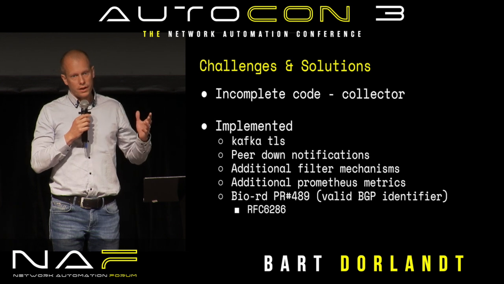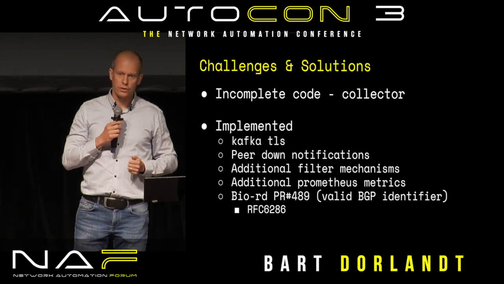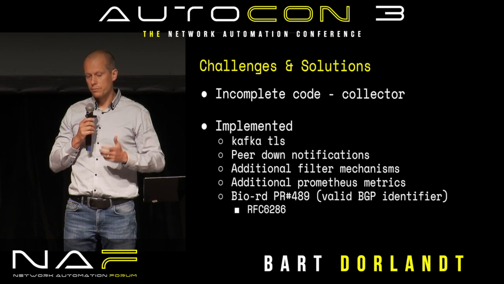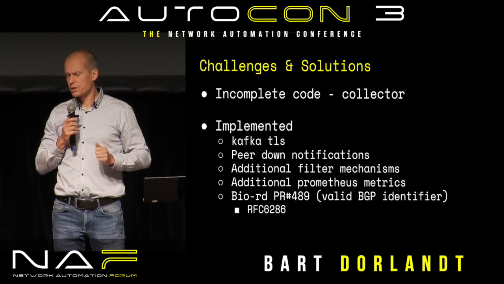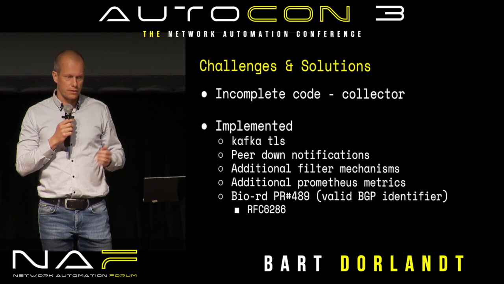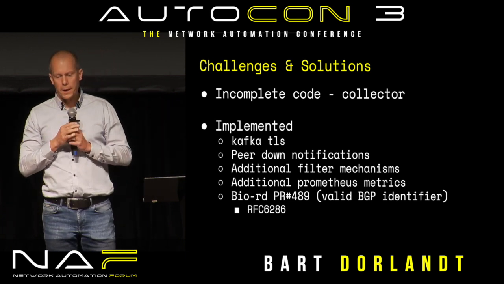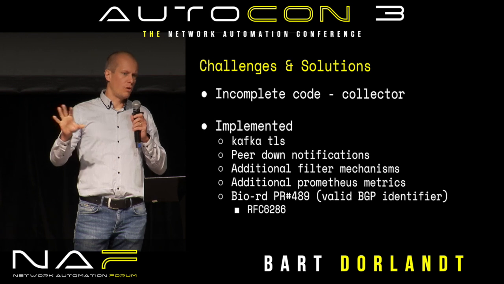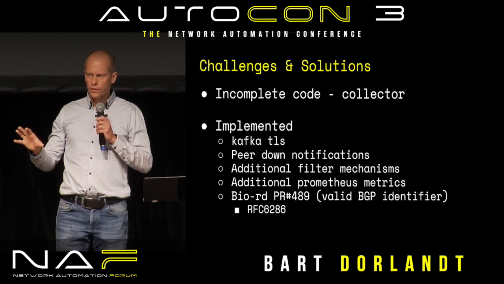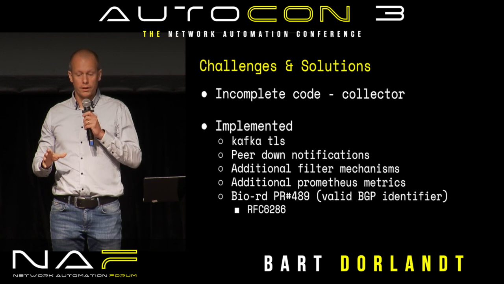Not every open source thing out there is an exact match to what you need, and we realized that we needed to fix or add some things. Out of the box it had Kafka support, but we wanted TLS on there, so that's done. We got all of the BGP update and withdraw messages from the router.